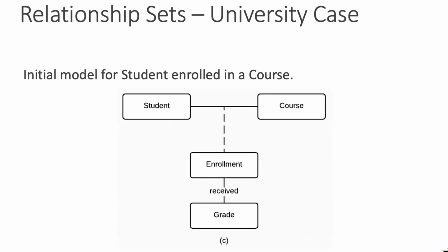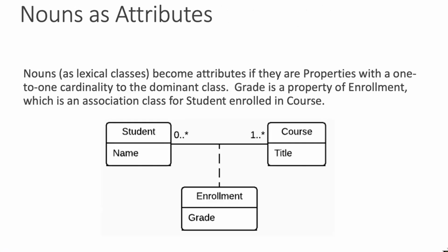And again, we mentioned that association classes can have their own relationships as well. For example, Hussein Mohit in IS 3280 received an A. So there is a grade as well for this one. Let's say this is just the initial model.